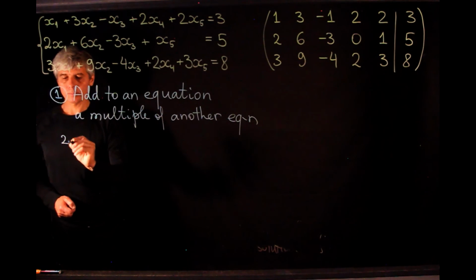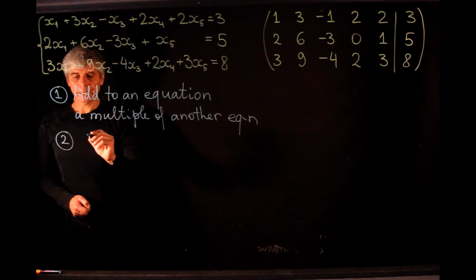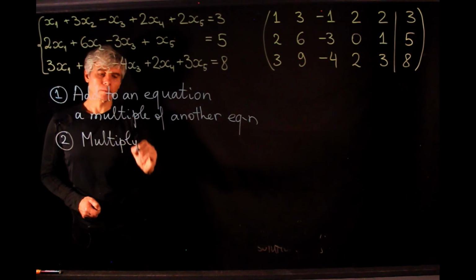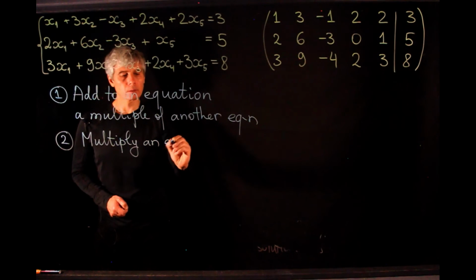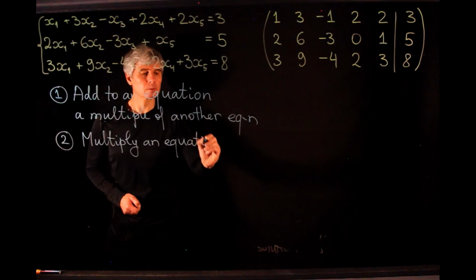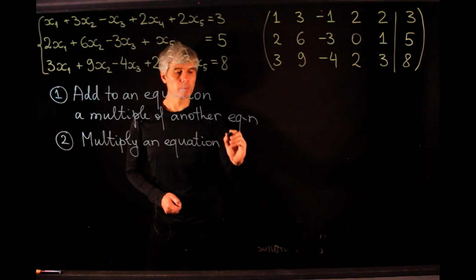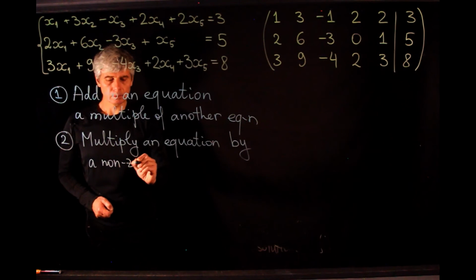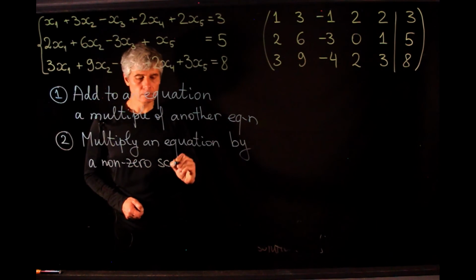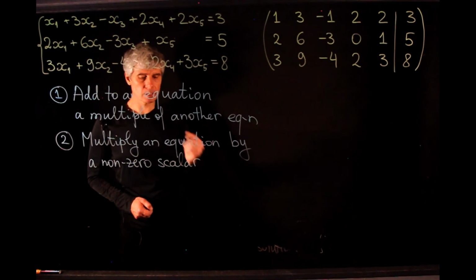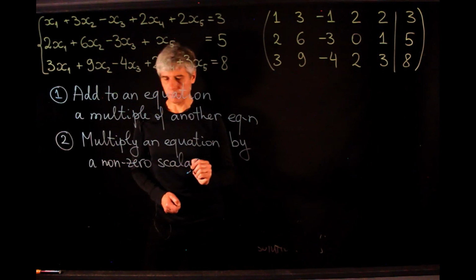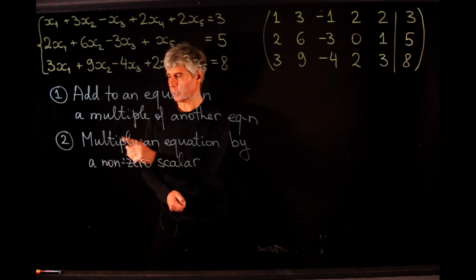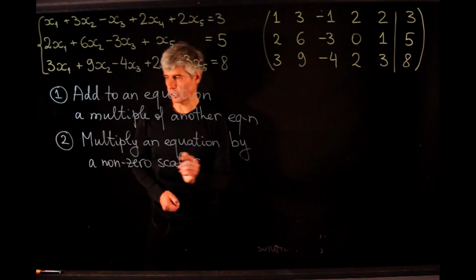Two, we can multiply an equation by a non-zero scalar. Well, scalar is just a number. So when we say multiply, this as a special case also contains the case of division.